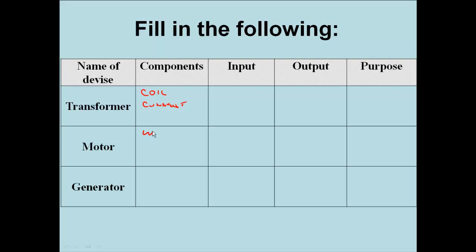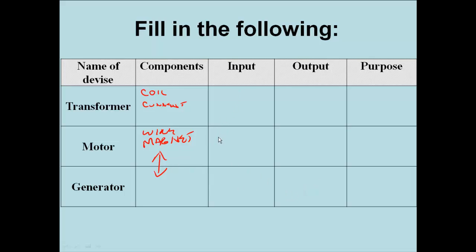For a motor, it's a wire, a magnet, and you have to move one of those with respect to the other. And same thing with the generator, they're both the same.